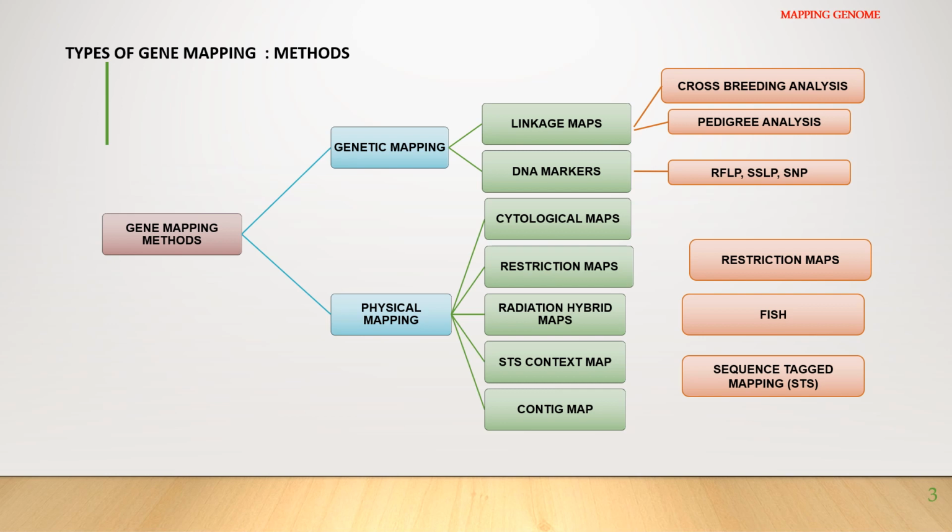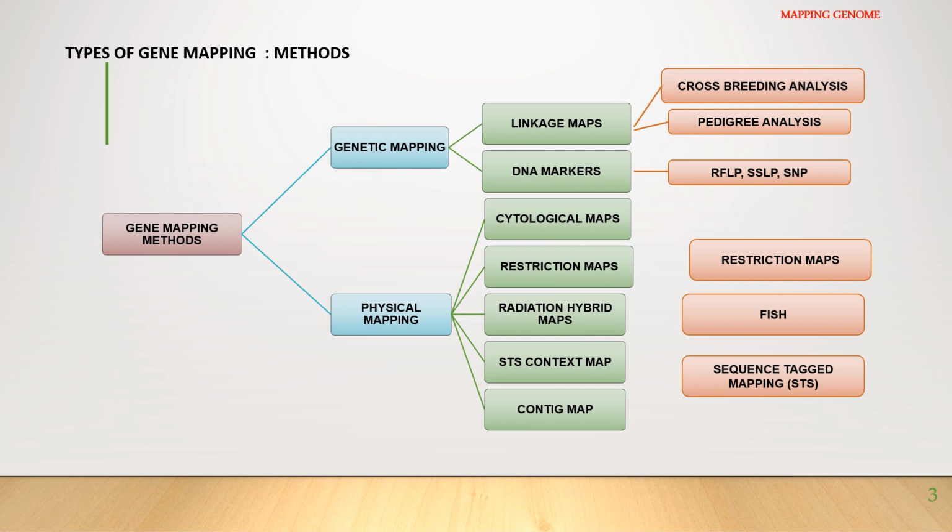There are two different approaches for mapping a genome: A. Genetic mapping, B. Physical mapping. In genetic mapping, distances are measured in recombination frequencies, while in physical mapping they are measured in base pairs. The figure here shows the different approaches made to construct a genetic map and a physical map.